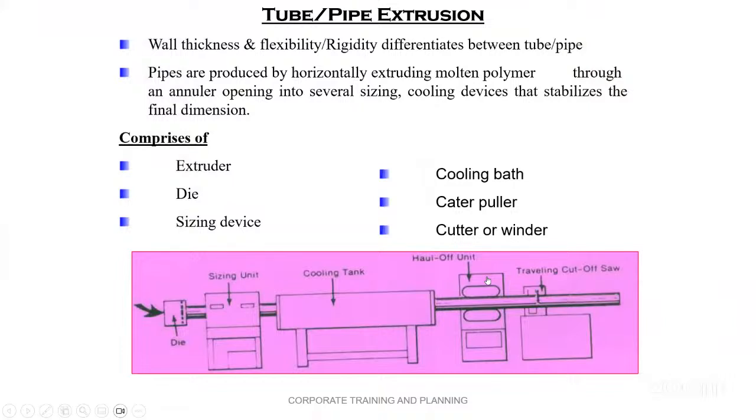Friends, we have seen 2 to 3 videos of how the pipe is manufactured, how it is manufactured from scrap also, how the scrap is used to make the granules by using a die face cutter.